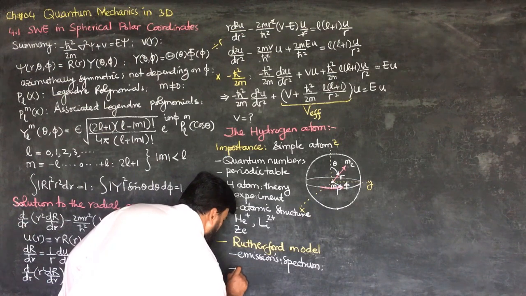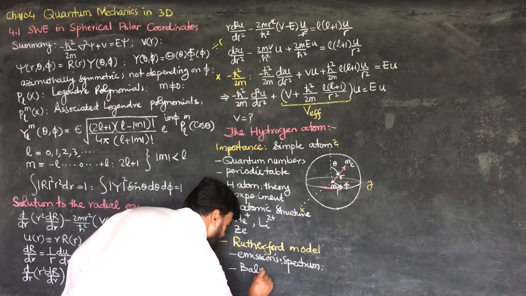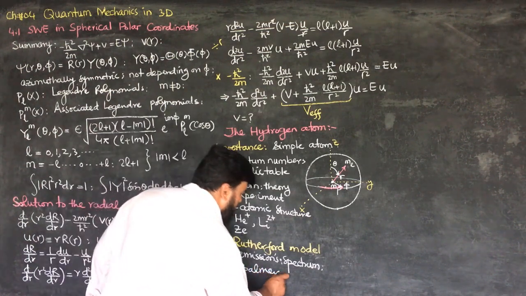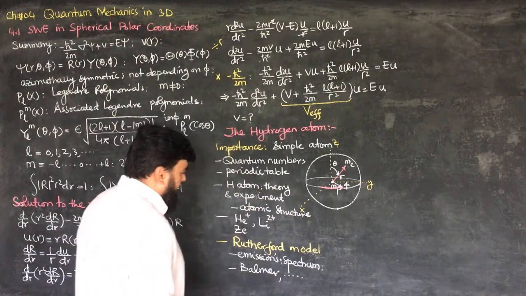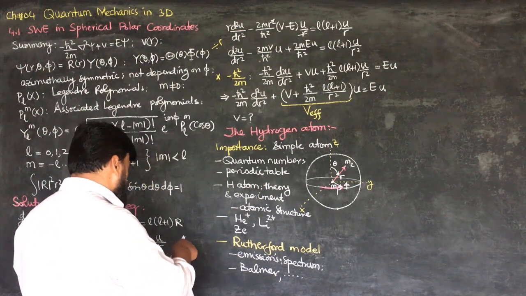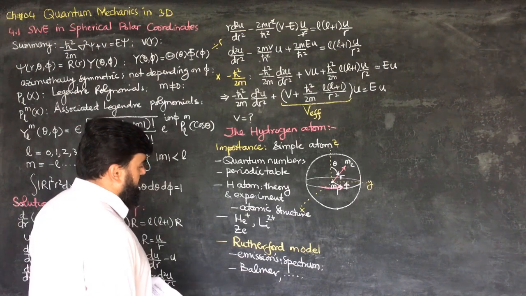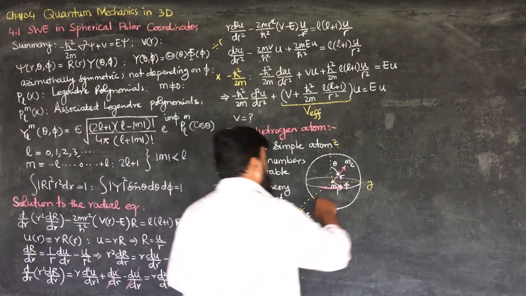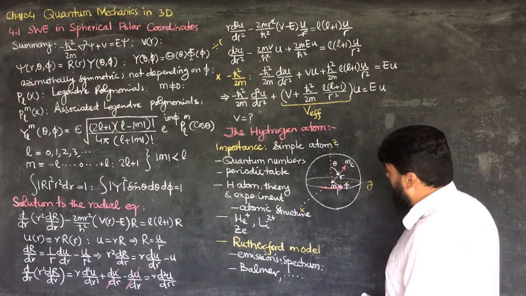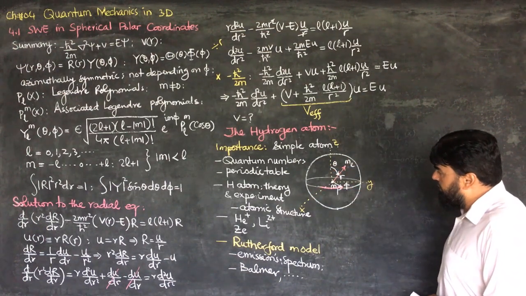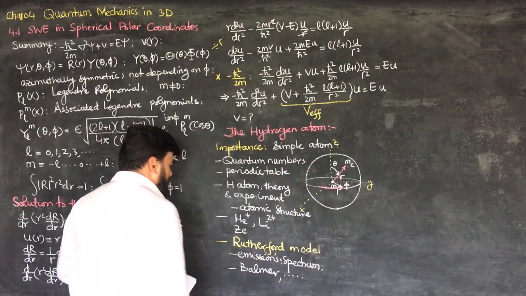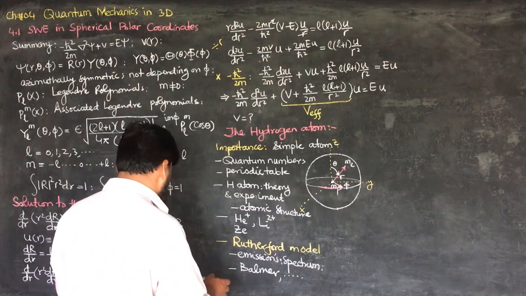For example, we got the Balmer series, we got the Paschen series, we got the Pfund series, and so on. And they were suggesting some specific orbits and not continuous movement in any arbitrary path. So this was the reason that the Rutherford model failed here.